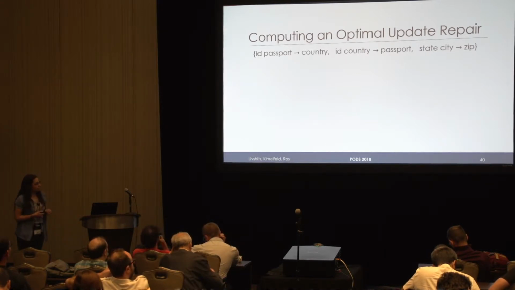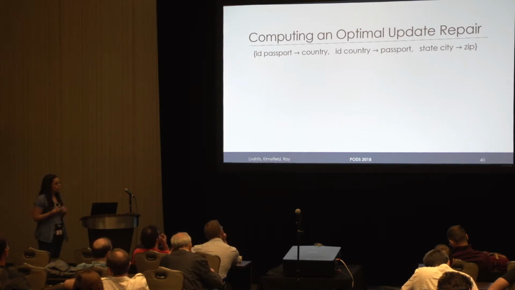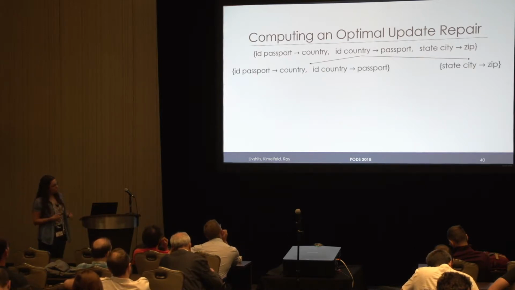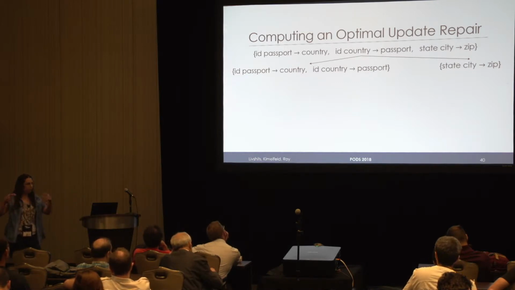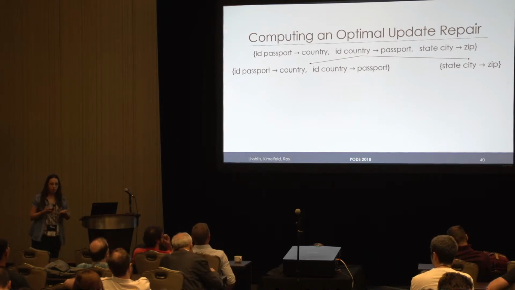So you can see that the first two functional dependencies in this set do not share any attribute with the last functional dependency in the set. Okay? So what we can do is we can split this set of functional dependencies into two attribute disjoint sets of functional dependencies, and we can solve the problem separately for each one of them because they do not affect each other.